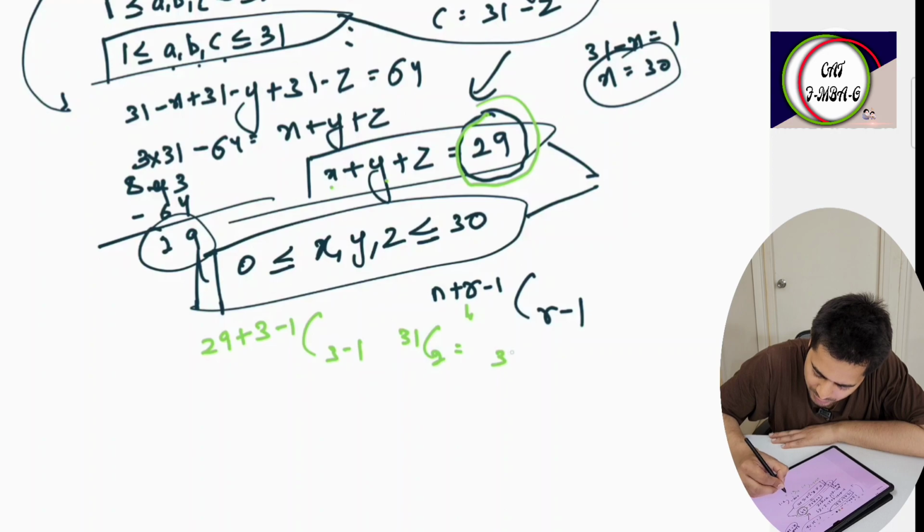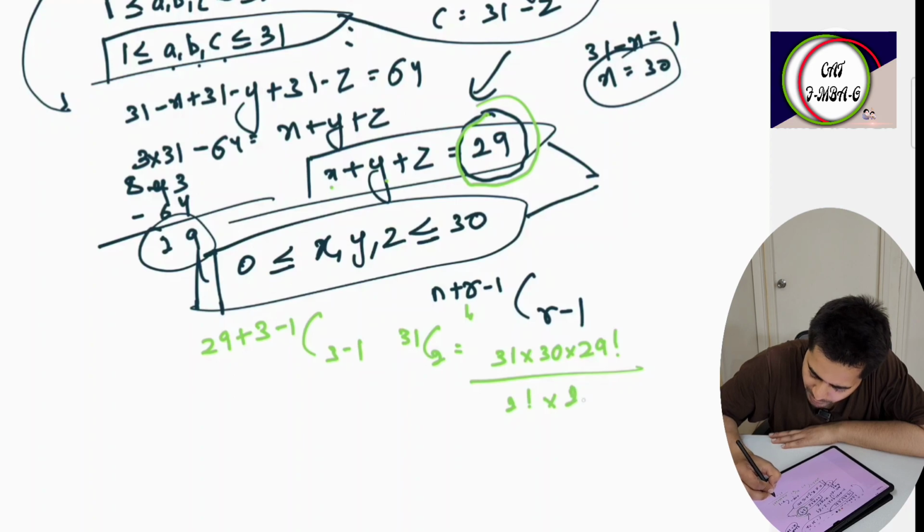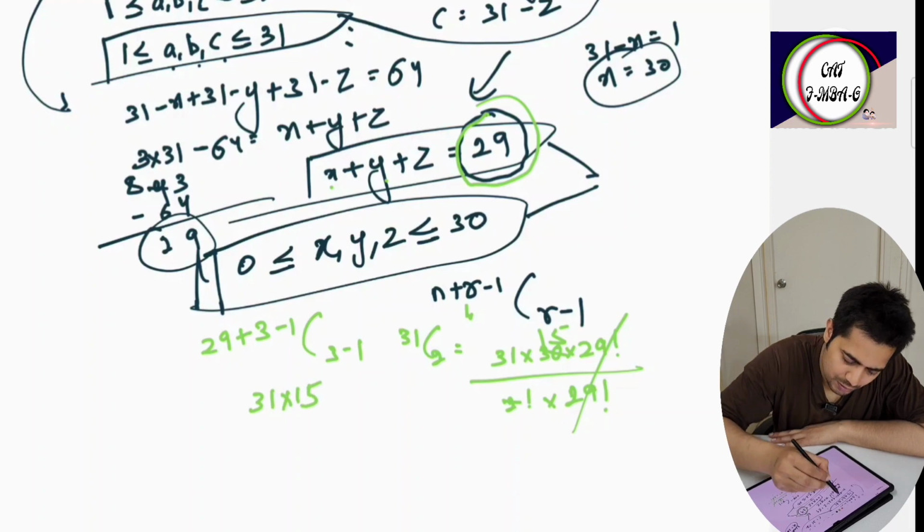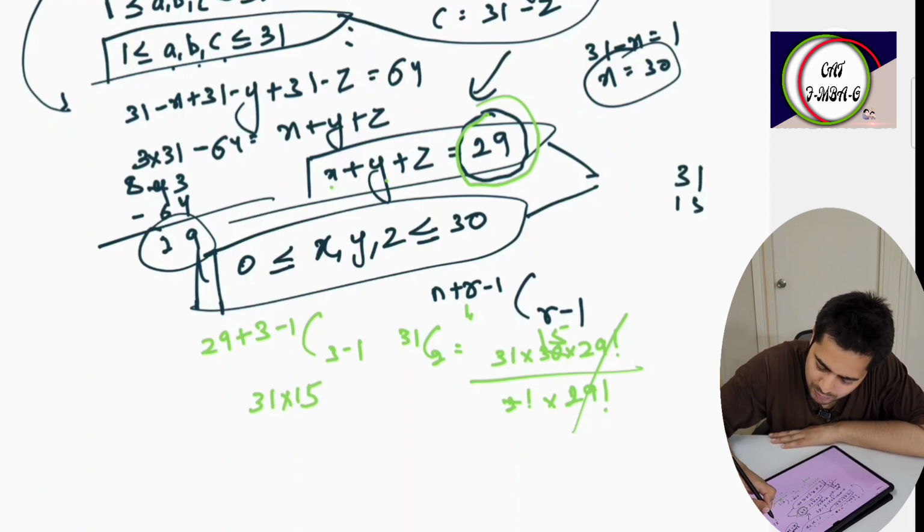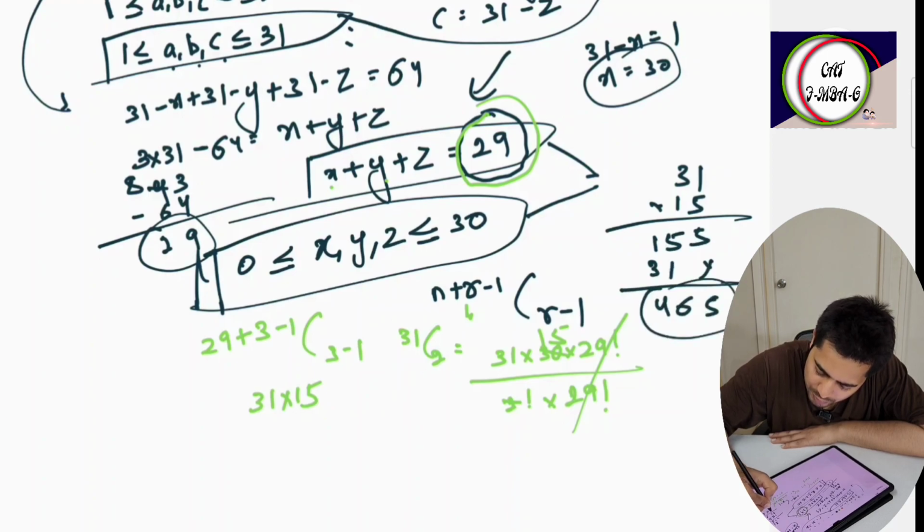It can be written as 31 into 30 into 29 factorial divided by 2 factorial into 31 minus 2, 29 factorial. This cancels, and 30 by 2 is 15. So this is 31 into 15. Let us solve this. It is 465.